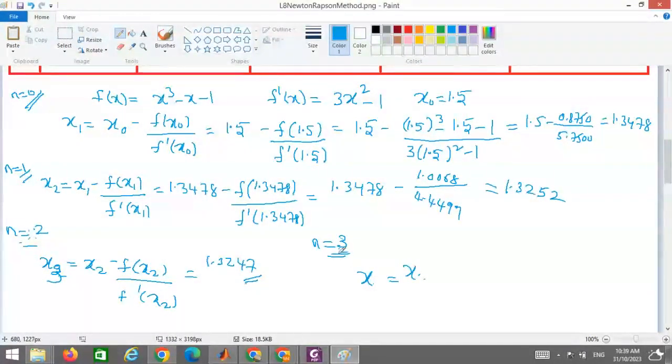Okay, sorry for that. So xn plus 1, that is x4, is xn, which is x3, minus f of x3 by f dash of x3.